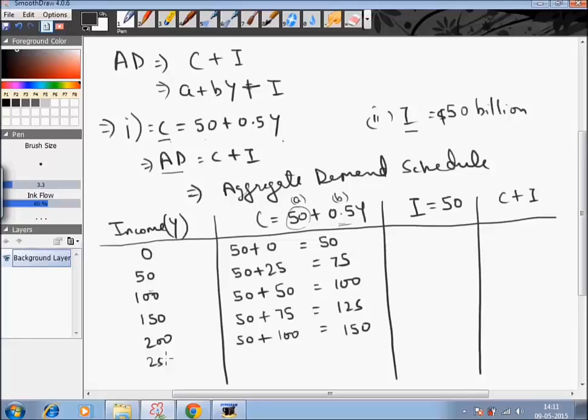Then 250, so 50 plus 250 into 0.5, which is 125, equals 175. Likewise, we keep on assuming the values of income and we get the value of consumption on the basis of that.